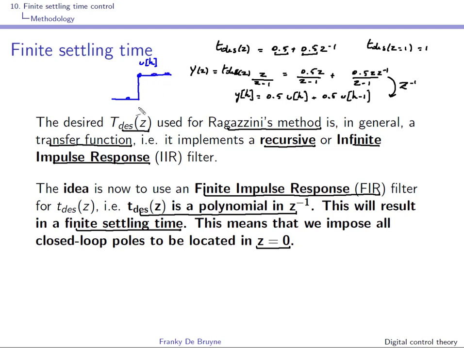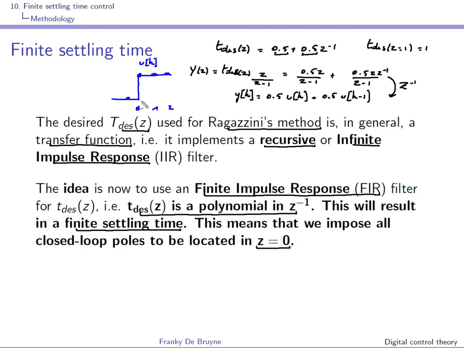So this is k is equal to 0 of course here, k is equal to 1, k is equal to 2, etc. So what we can have a look at now is the response, right?